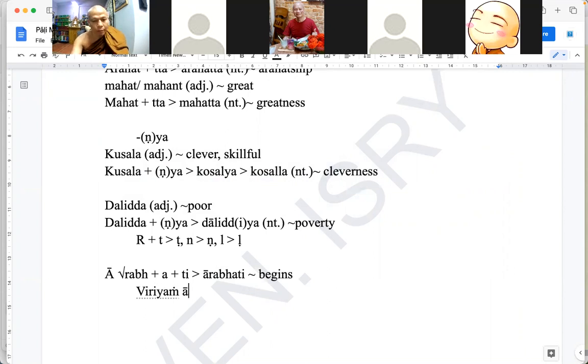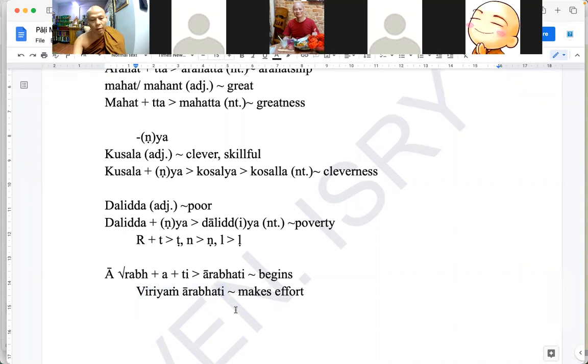Viriyam arabhati: start effort, begin the effort. That means makes effort. In English, it is "makes effort". So this is a phrase we need to remember, not only arabhati but also viriyam arabhati.